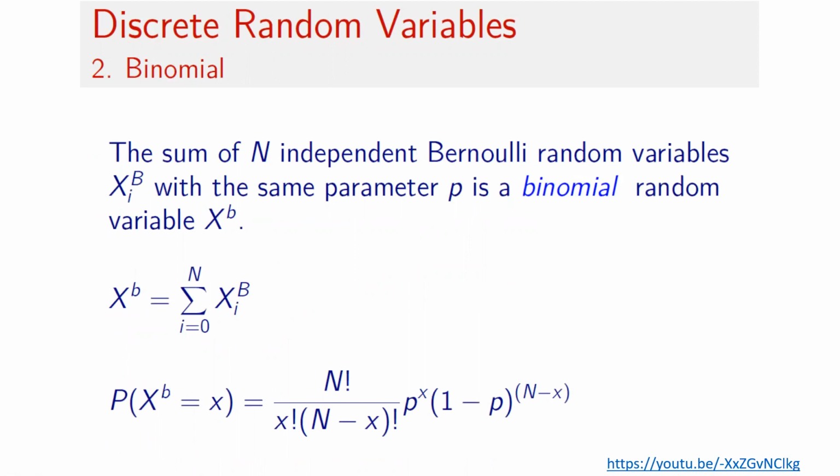The next one, which is based on the before Bernoulli distribution, is the binomial random variable. Suppose we throw n coins and count the number of heads we get with those n coins. That is the binomial random variable. Then it is the sum of n independent random variables with the same parameter p.